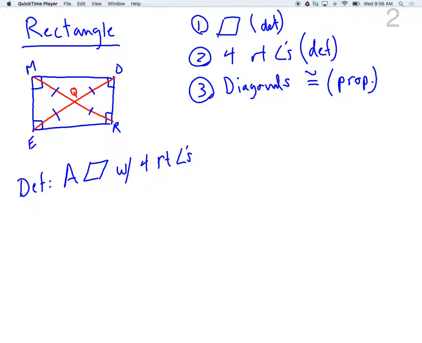Okay, good. So let's go back to the rhombus. The rhombus, the diagonals are perpendicular. Are those diagonals perpendicular? No. They could be, but that comes up later. Do the diagonals bisect the vertex angles? Is angle DMR equal to angle EMR?